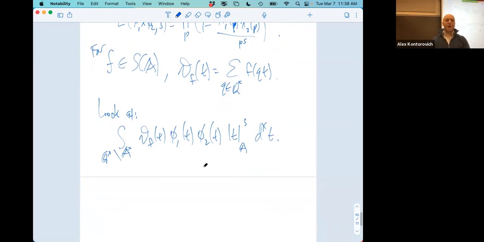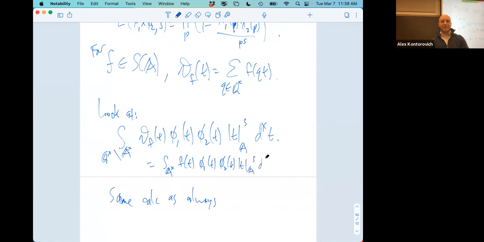In 2 minutes, what can I say? Well, same calculation as always. In other words, you unfold this to an integral just over the adeles themselves of F of T, phi1 of T, phi2 of T, T to the S, d star of T, and then just make the observation that the phis are really Hecke characters, that the automorphic representations are Hecke characters, products of Hecke characters are Hecke characters, corresponding to the product of Dirichlet characters.